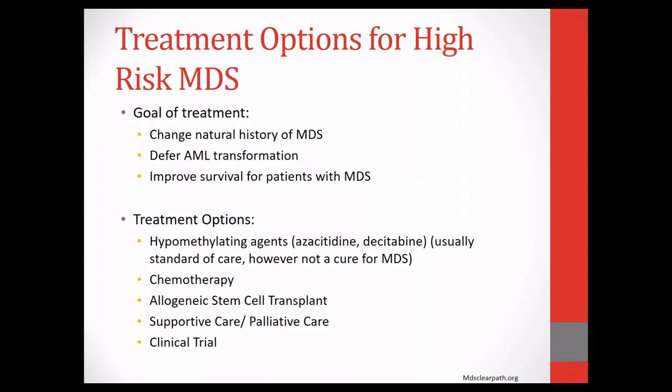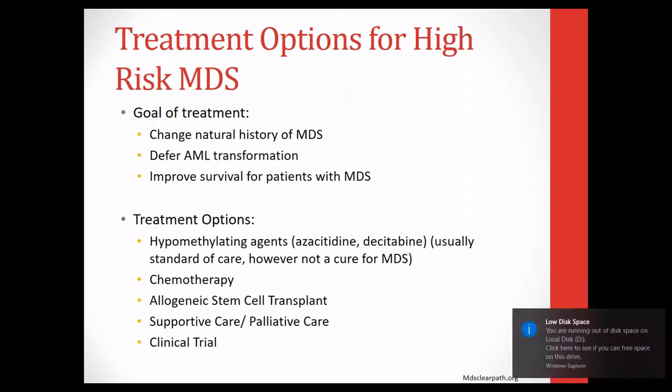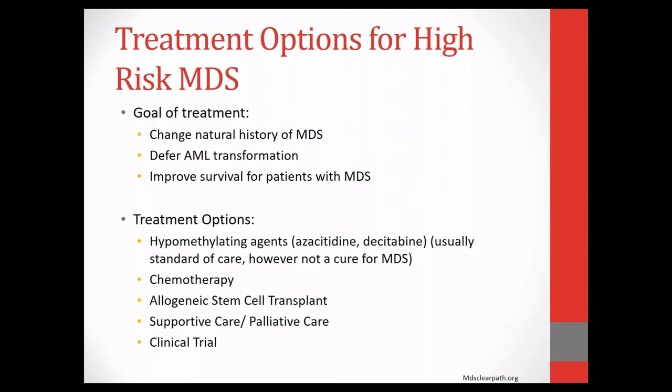AML-type chemotherapy can be tried in high-risk MDS patients, usually only if patients are going to be having a stem cell transplant. However, relapse is likely and can occur frequently. Again, depending on the patient's comorbidities and age, an allogeneic stem cell transplant may be an option. All patients require supportive care, including transfusions and iron chelation, as well as palliative care, and there are options for clinical trials as well.